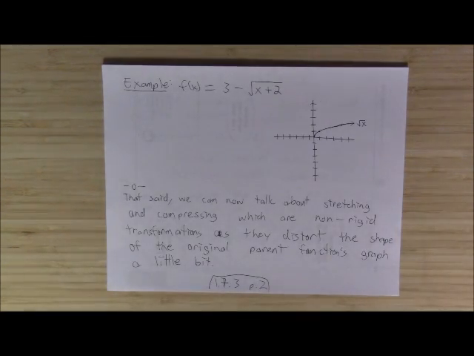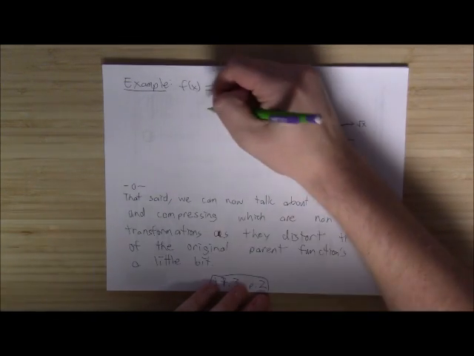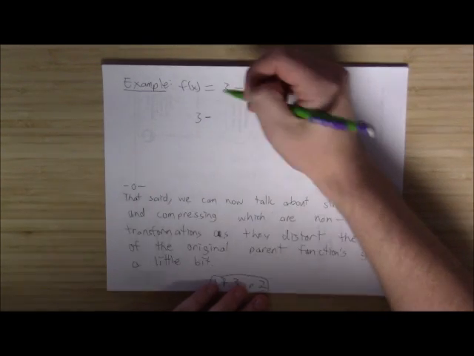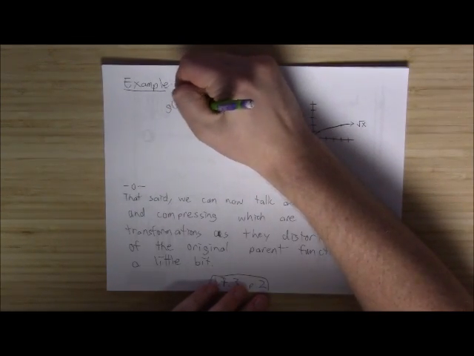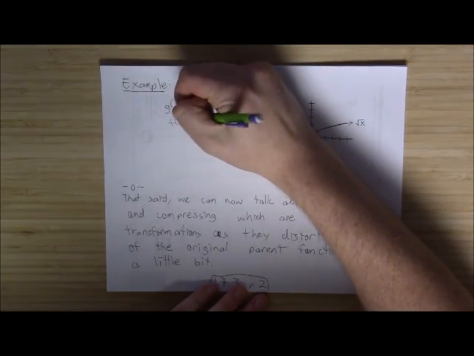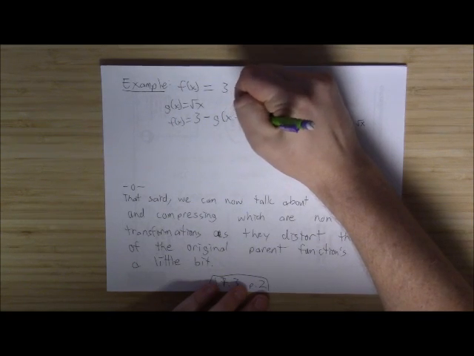So for another example, let's look at a transformation of the square root of x. So this transformation is 3 minus square root of x minus 2. If you have g of x equal to the square root of x, this function f of x is 3 minus g of x minus 2.